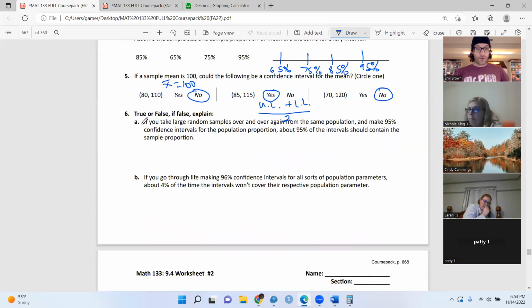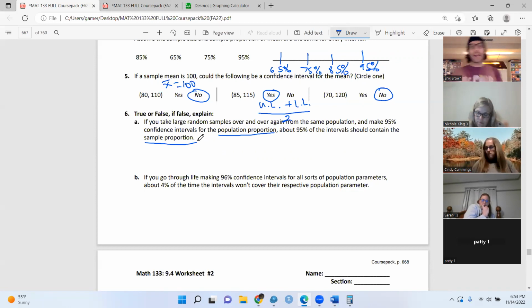Okay, a nice true or false question. If you take large random samples over and over again from the same population and make 95% confidence intervals for the population proportion, about 95% of the intervals should contain the sample proportion, true or false. Not sure about this one. It's a tricky one.